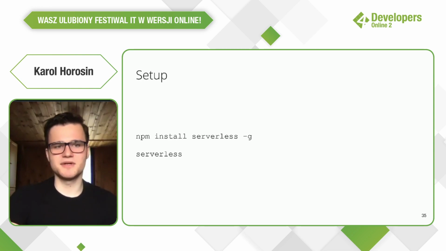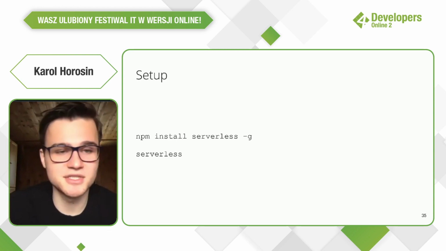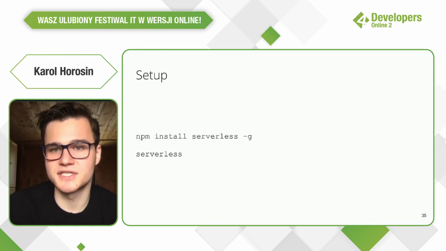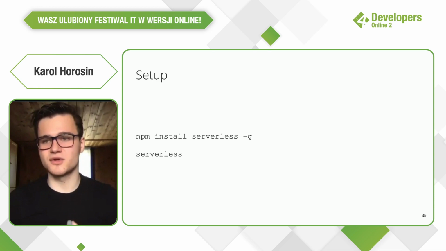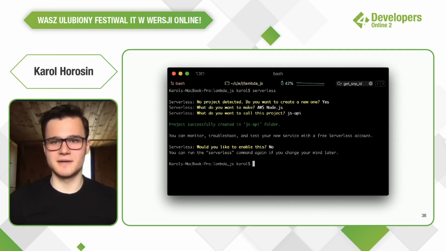So for the setup, you need npm. We are on the JavaScript talk, so you have that, and you install the serverless tool. And to set up a project, you have to run the serverless command. So right now we're going to switch more to actual code and the console here.